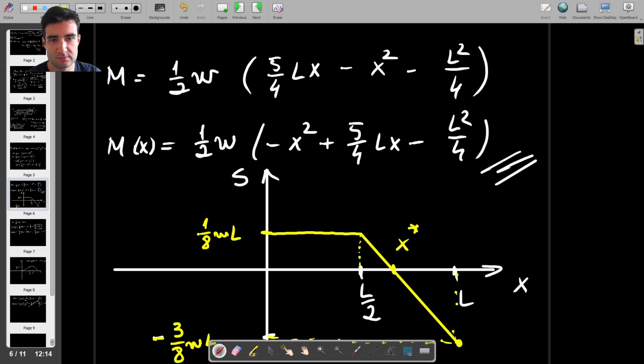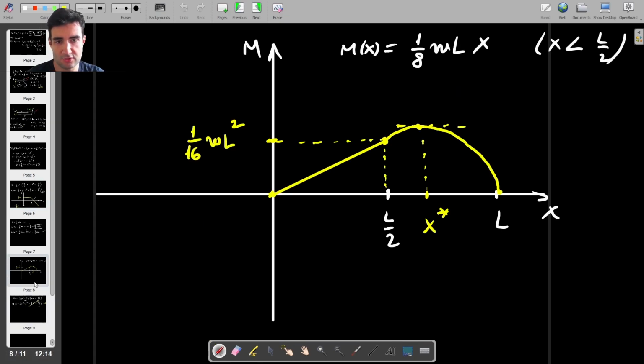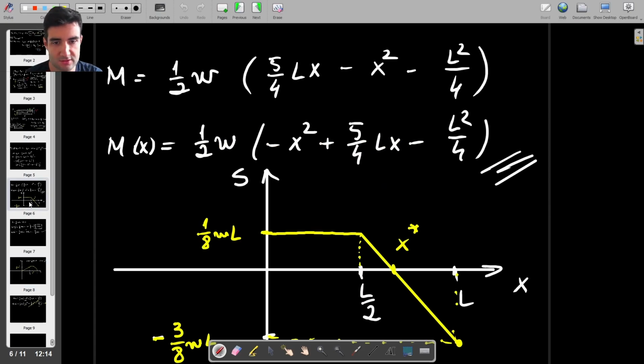We can try to do this in another video as to why maximum moment corresponds to 0 shear force, but essentially this is how this graph looks. So this is the bending moment diagram, this is the shear force diagram, and that's the end of the question.